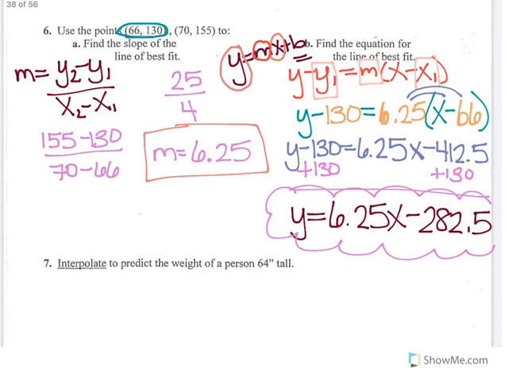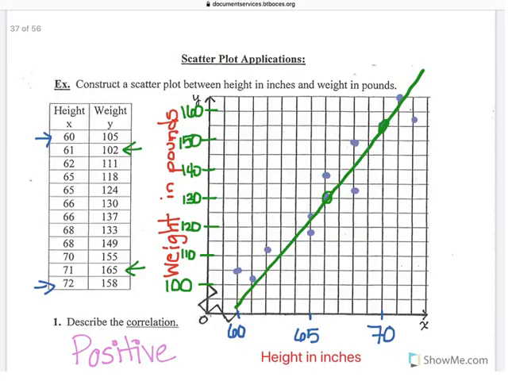Now, for question 7 and for question 8, we are going to use this formula that we figured out, and we're going to predict the weight of a person given their height. So, for question 7, it says to interpolate to predict the weight of a person that is 64 inches tall. Now, if we go back to our graph, the reason that it's asking us to interpolate is because 64 inches, remember, height in inches, we've got right here, 64, that is inside the range of data.